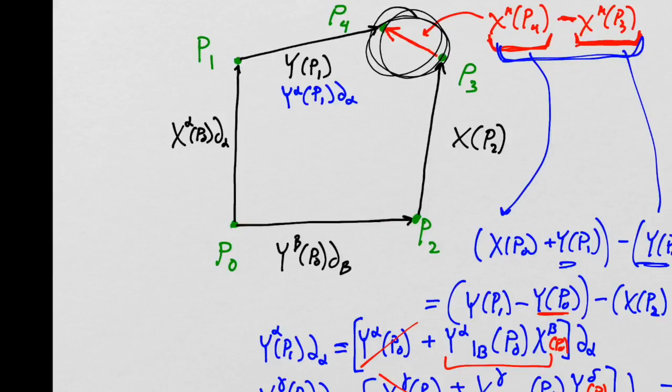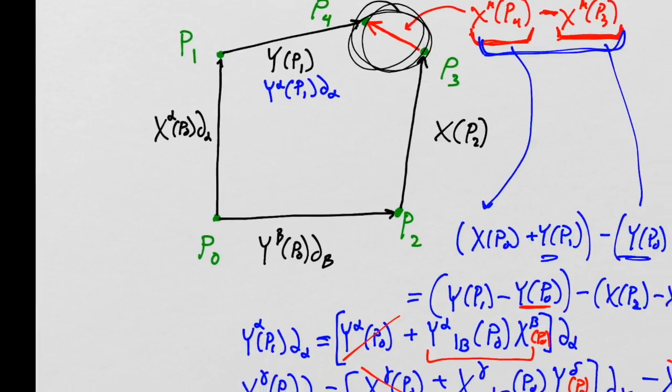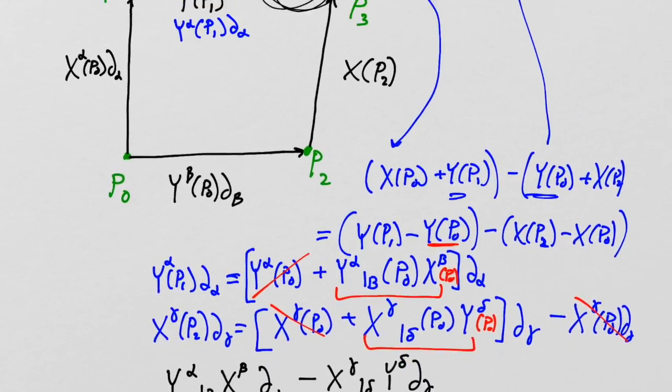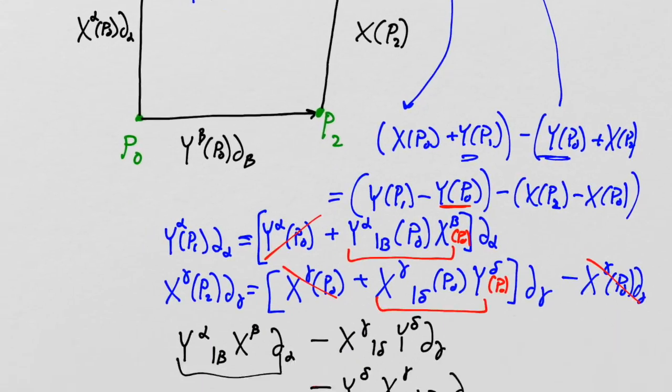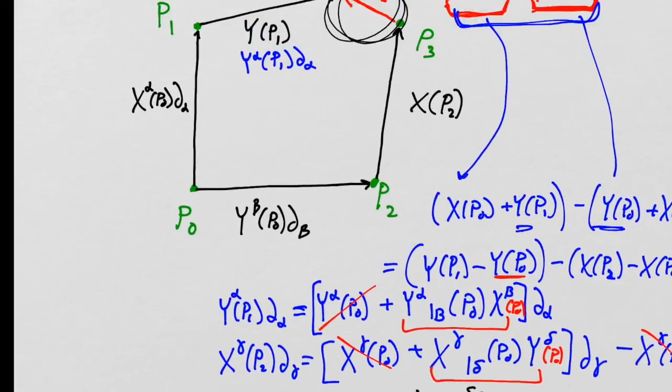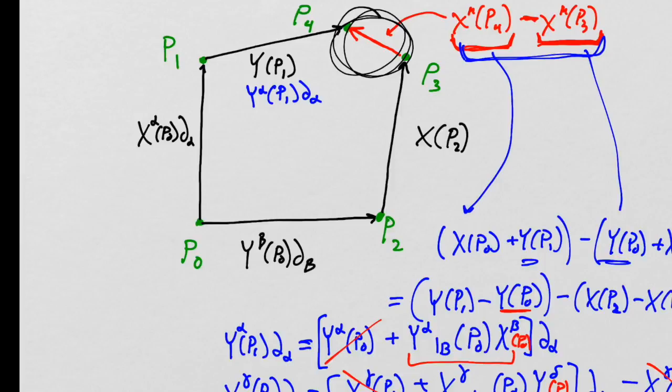Flat spacetime means there's no curvature, that the connection is such that parallel transport means exactly what we think it means. And so we can talk about displacement vectors from points in spacetime to other points, and we can simply add the coordinates of those points. When we said that P4 was equal to this vector plus this vector, we can do that in flat spacetime.